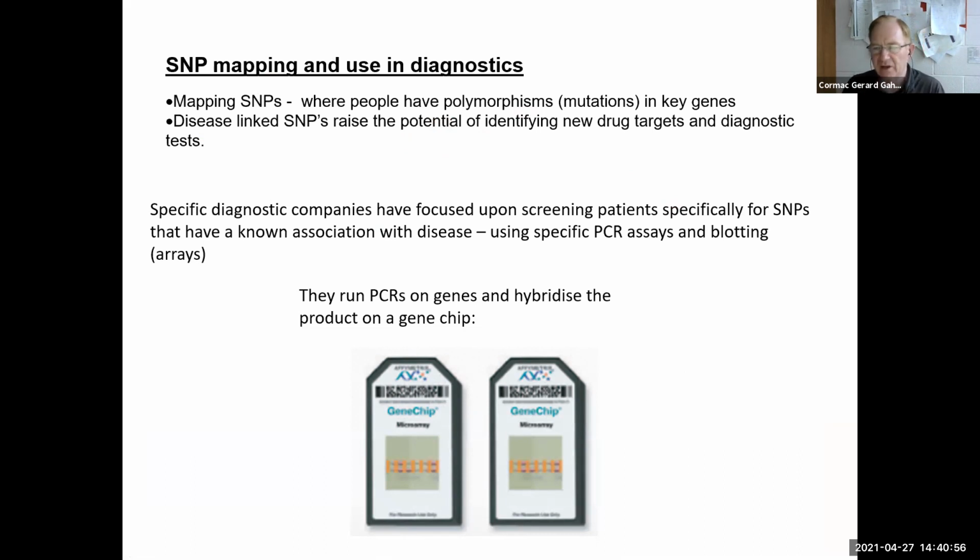We can, because we can PCR up the gene, and we can use these SNP chips to determine whether they hybridize to the chip. Okay, you can tell. So this is just a very quick method to tell whether a patient has a mutation in a particular gene, and you can map these using these technologies.